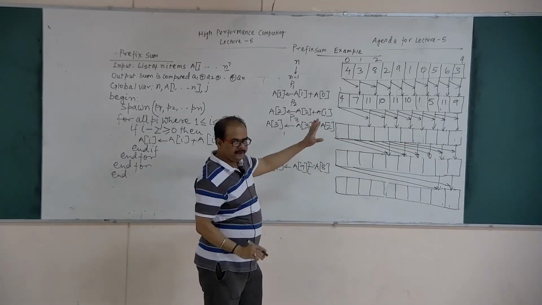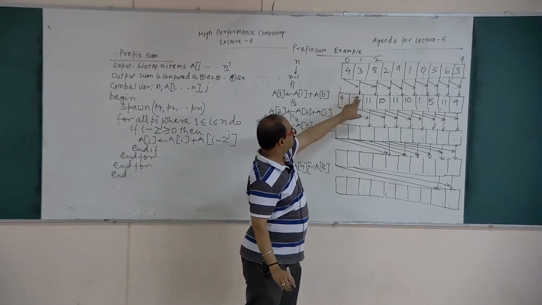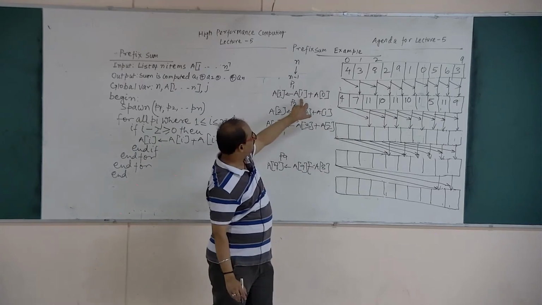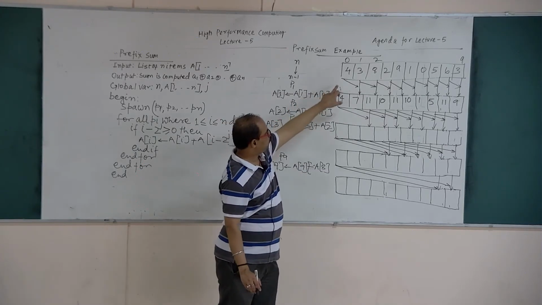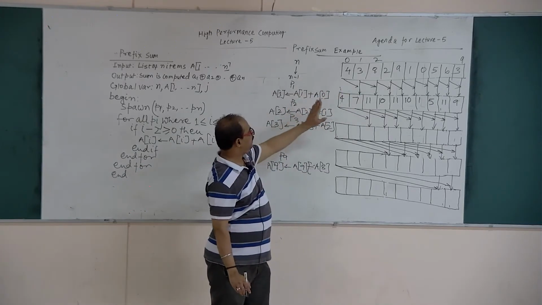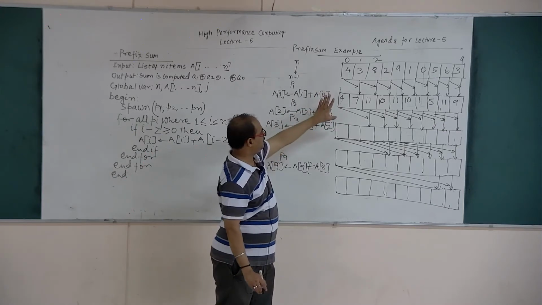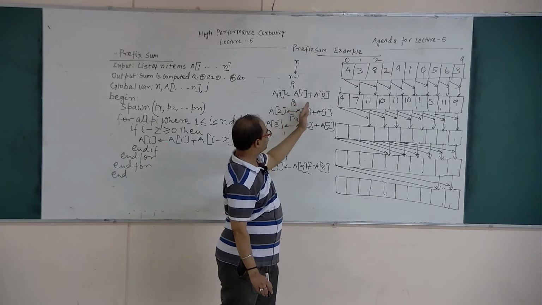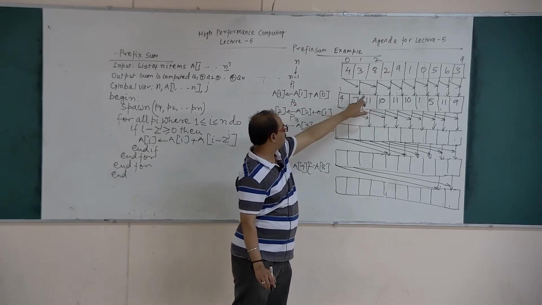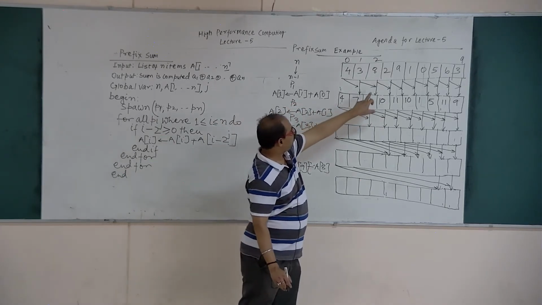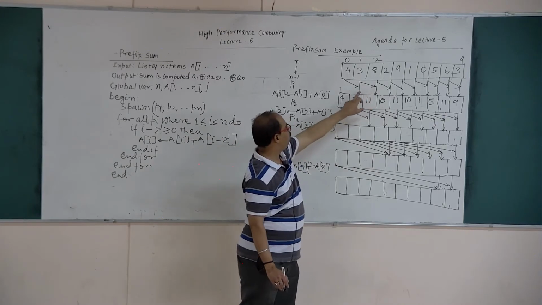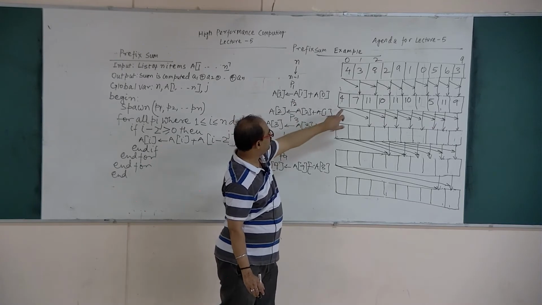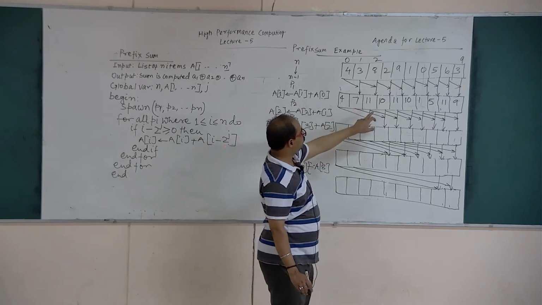Is it clear? So you can see the first processor is adding the element at location A1 plus A0. So 4 and 3, so it will be 7, and 4 is taken as it is to the next shared memory location. And then processor P2 is adding the content at location A2 plus A1, so it will give you 11.